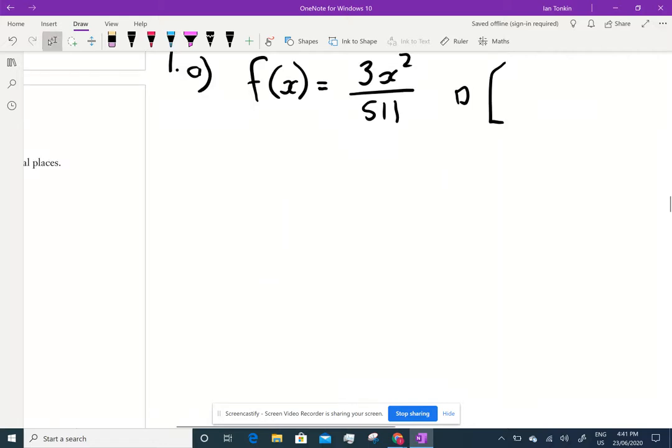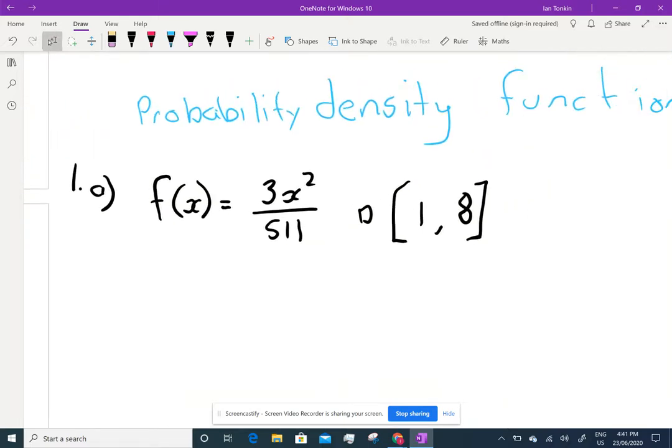So let's go back to this. There's our probability density function. It's called f of x.